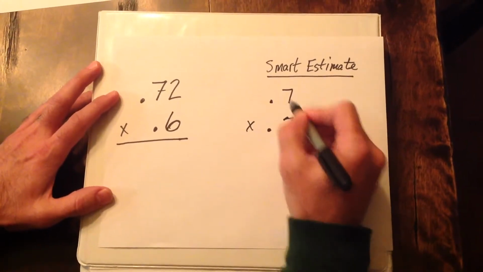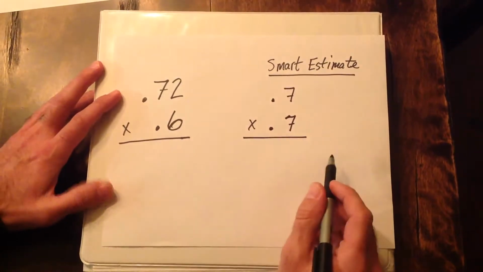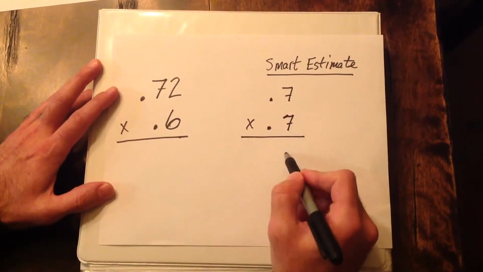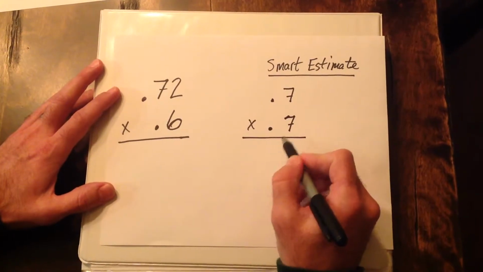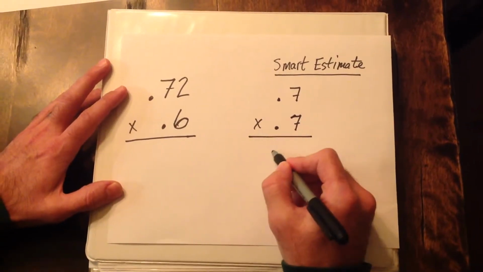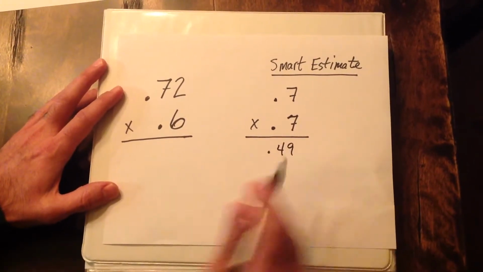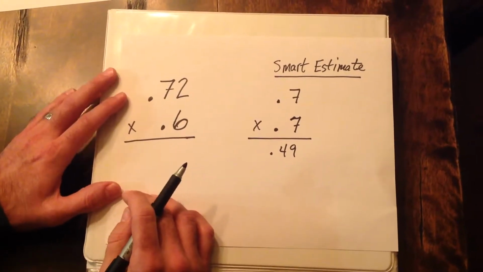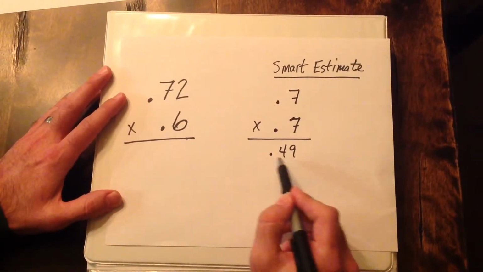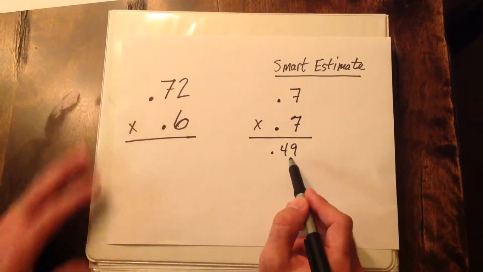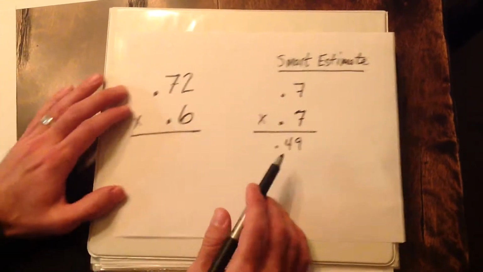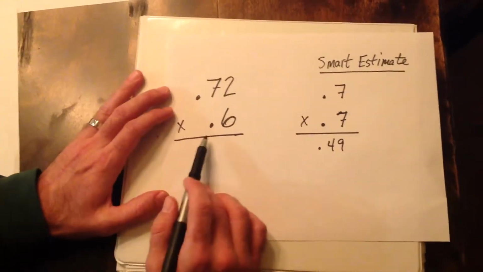So I can multiply those two together, and I know from our work last week that 7 tenths times 7 tenths is 49 hundredths. So the product we're going to be looking for is near or about 49 hundredths.